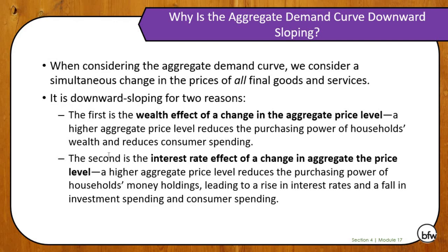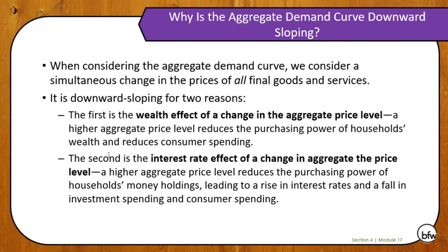Well, the first thing is the wealth effect of a change in the price level. Basically, when things get cheaper, people will be able to purchase more because their purchasing power will go up. If things get more expensive, then the reverse is true, and people are not going to be able to buy as many things. All right. The second is the interest rate effect of a change in the aggregate price level.